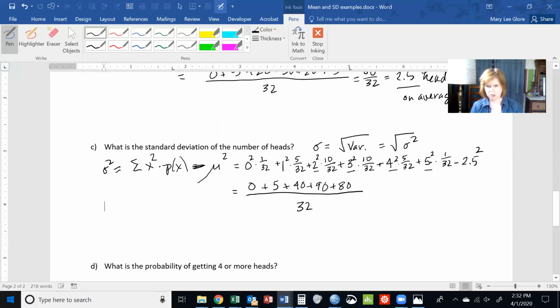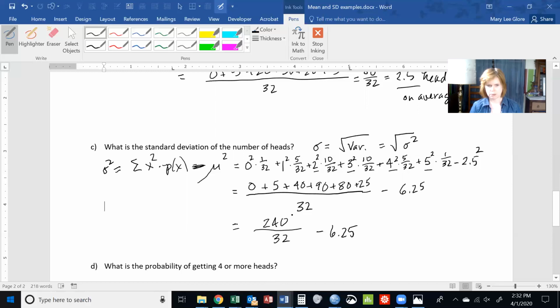And 5 squared is 25 times 1 is 25. And then 2.5 squared ends up being 6.25. All right, so I have 0, 5, we got 5, 45, 135, 215, 240.